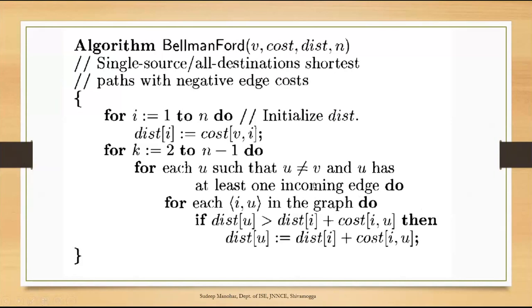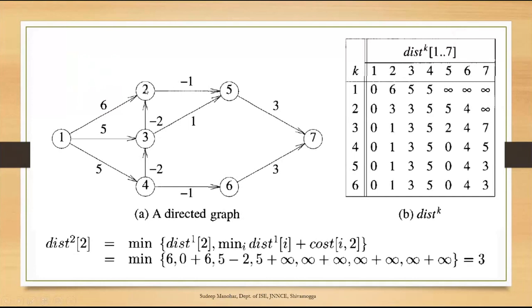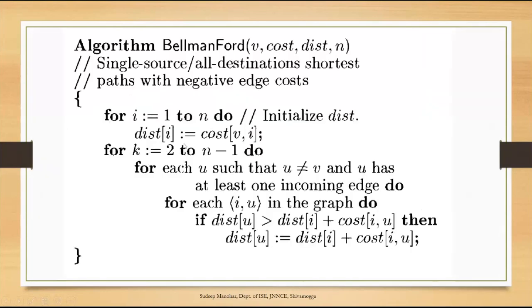I explained that in the diagram. So if I consider 2, I should see from which vertices we have an incoming edge. There is an incoming edge from 1 and 3. So these are considered as the I.